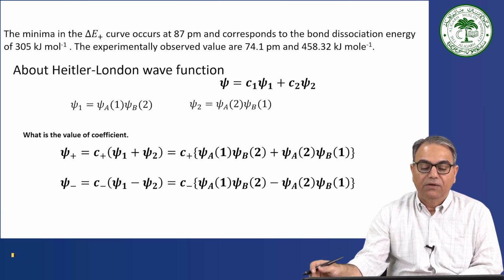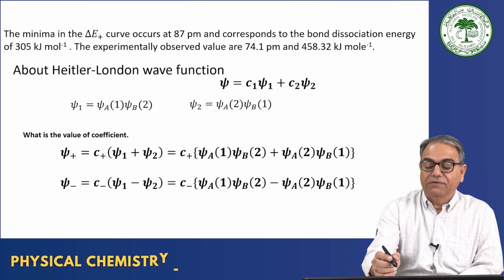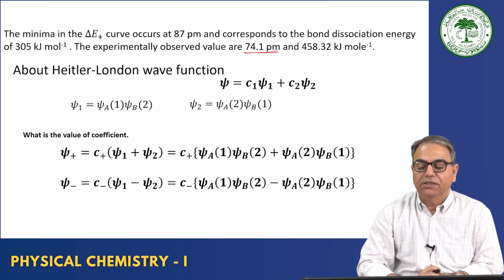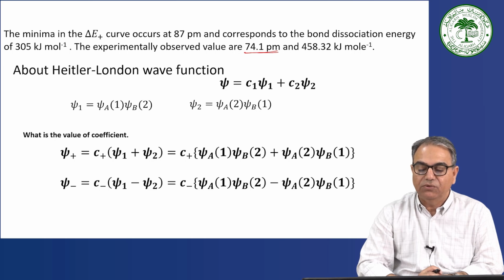So see what happens. The valence bond theory of the hydrogen molecule should have explained this experimental observation, that the equilibrium bond distance is 74.1 picometer and the bond dissociation energy is 458.32 kilojoule per mole. But this you don't actually get. What you get is 305 kilojoule per mole and 87 picometers.